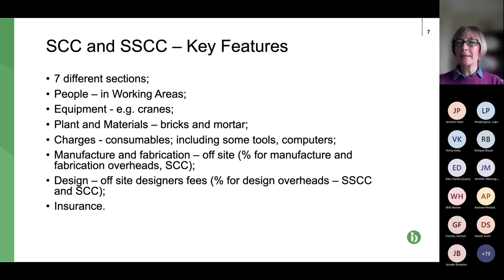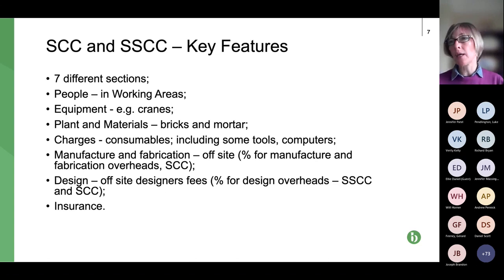And then we've got a miscellaneous section, which is called charges. So it's third-party costs, consumables, as it says there. Costs, third-party costs you may pay to a local authority, any fees.